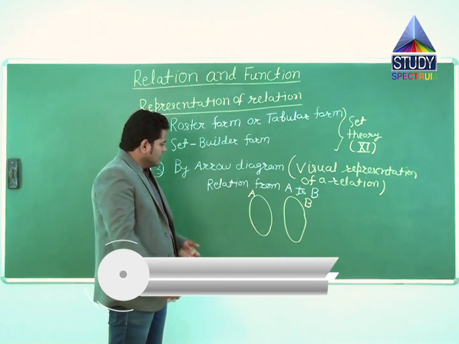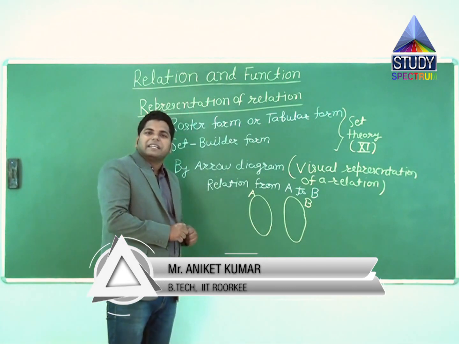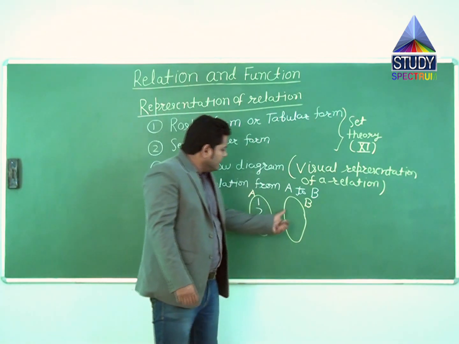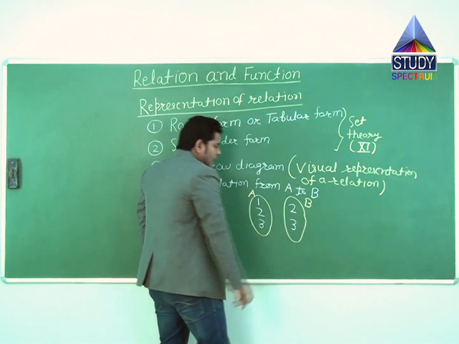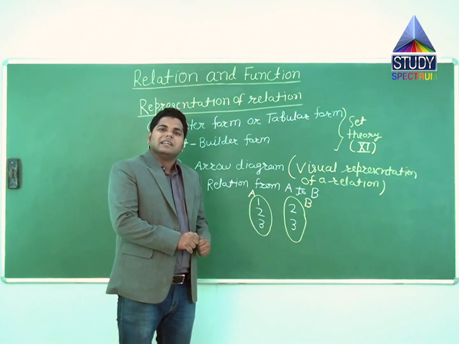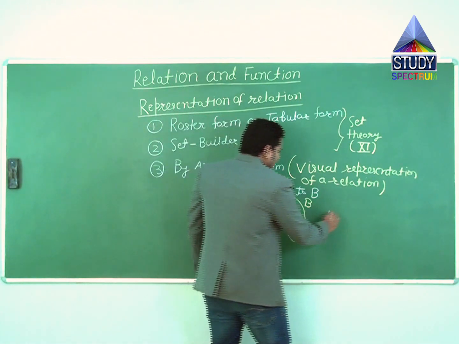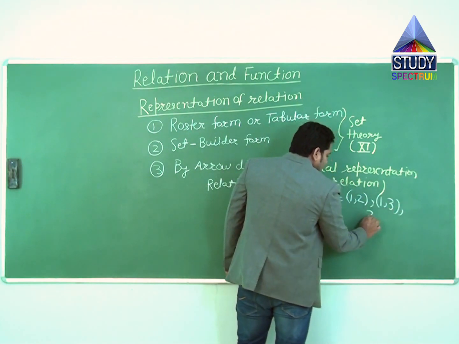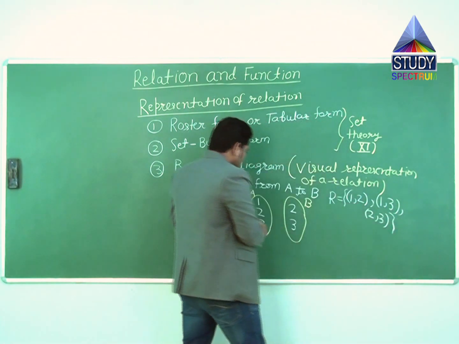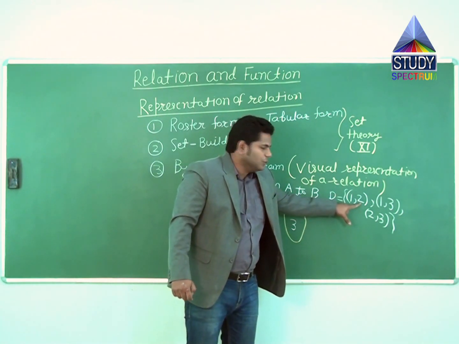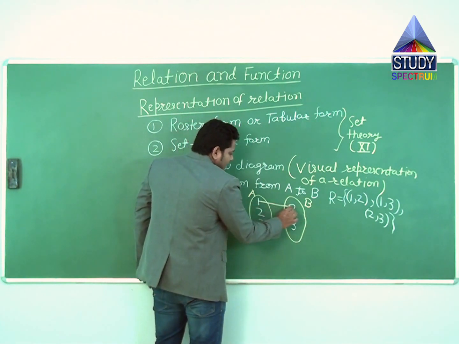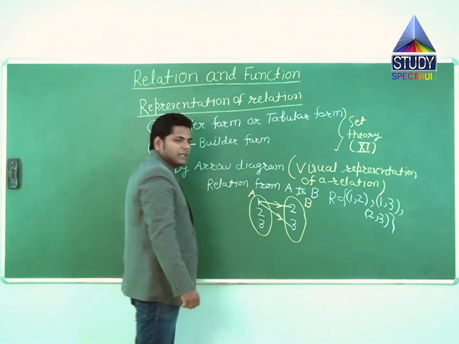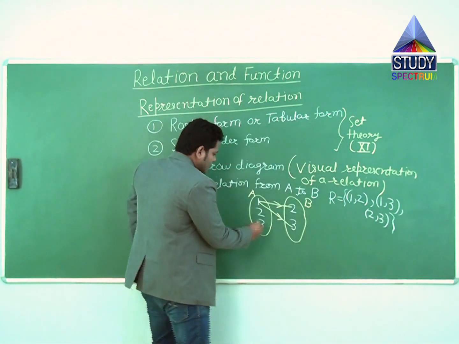In the example we have taken earlier, A has 3 elements 1, 2, 3, and set B has 2 elements 2 and 3, and the relation is (a, b) such that a is less than b, so the ordered pairs in the relation are (1, 2), (1, 3) and (2, 3). 1 is related to 2, so we show it like this. 1 is related to 3. Now 2 is related to 3.